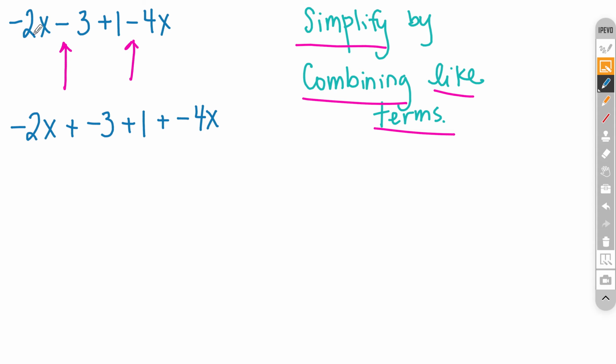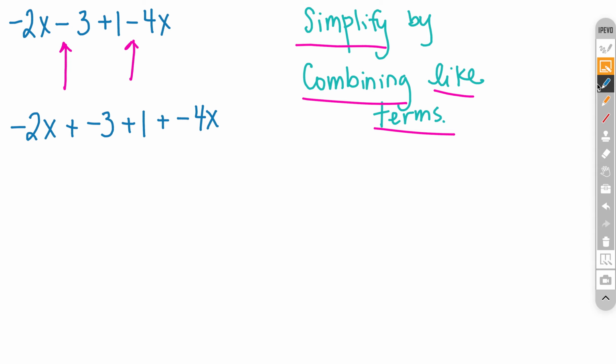Right, so when you look at this algebraic expression, you might think, well, 3 is positive. This is just a minus. But if you rewrite the minus 3 as plus negative 3, you realize the 3 is actually a negative 3.